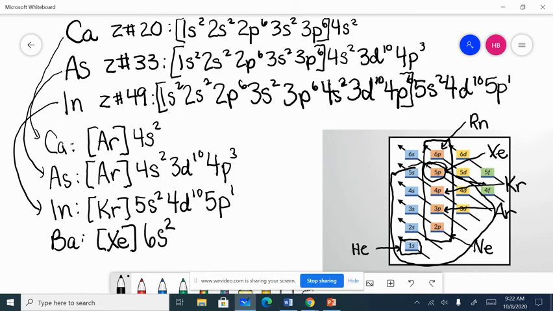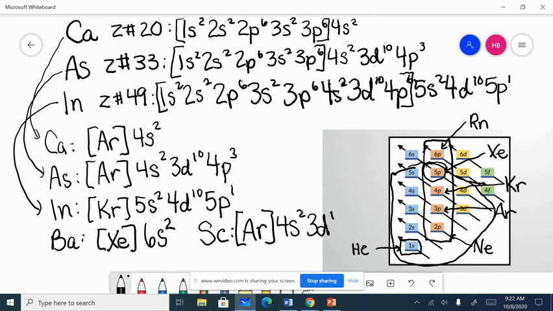How about scandium? Scandium is number 21. I'm going to back up until I hit a noble gas, and it's argon. So I'll put argon in brackets. That's 18 electrons. And then after argon, after 3p, I have 4s2 and then 3d1.